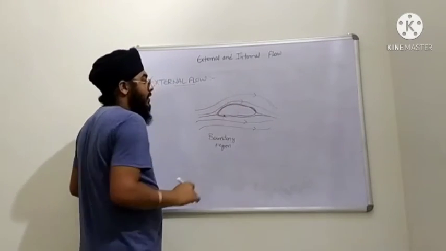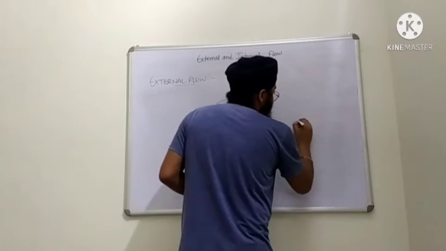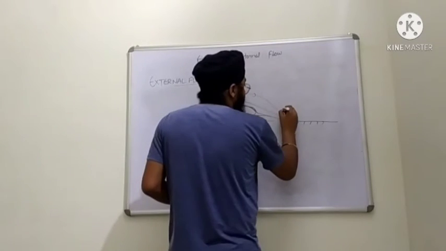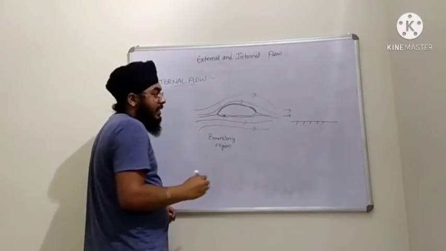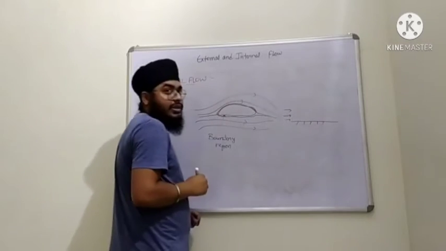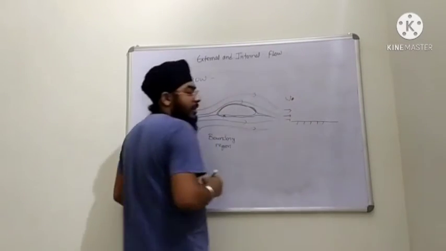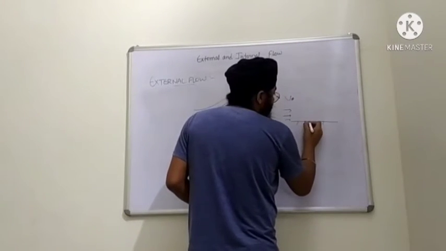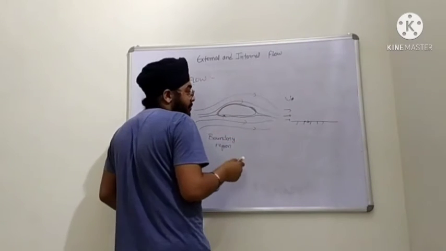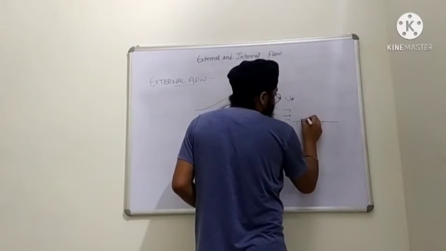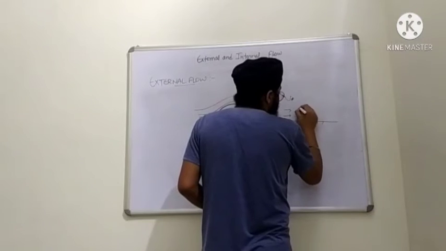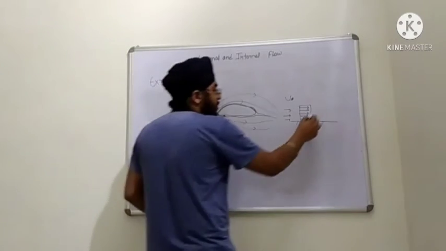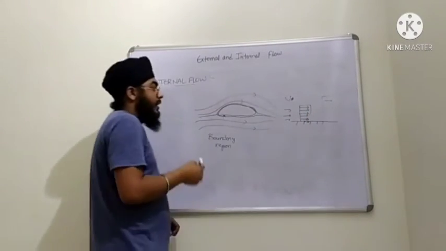What we discussed before was there was a plate, and a fluid was coming with a velocity u infinity, that is the free stream velocity, and the bottom layer stuck here because of the no slip condition, and we formed a velocity profile. So we found the delta and we calculated it.